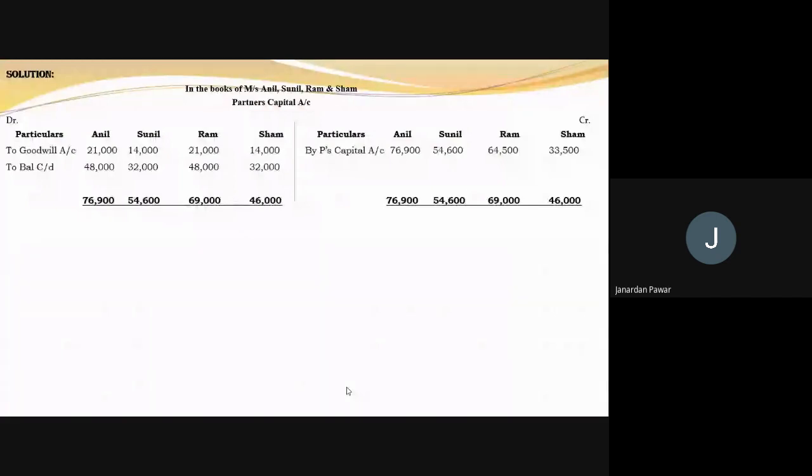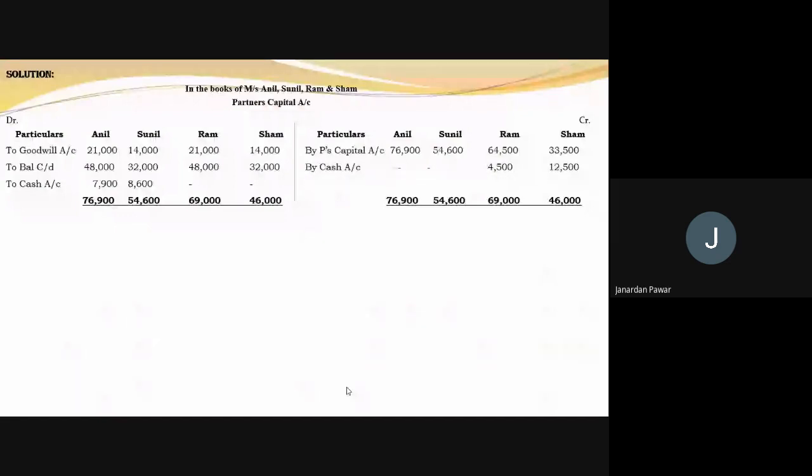So there is the difference for Anil and Sunil, that is rupees 7,900 and 8,600. So this one is the cash they have to bring into the new firm. And this one is the amount which the new firm has to pay to Ram and Sham.